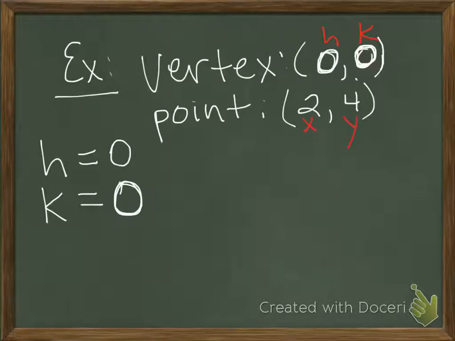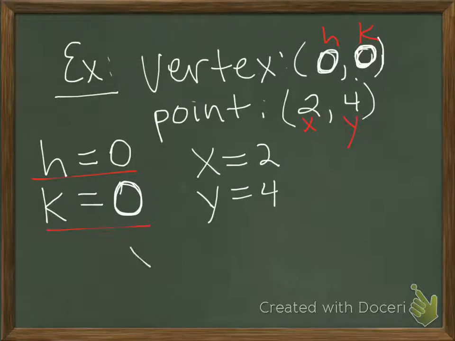I've already started labeling my problem. h is 0 and k is 0. So I'm also going to label x, which is 2, and y, which is 4. So these are the things that I want to be able to plug into my equation.